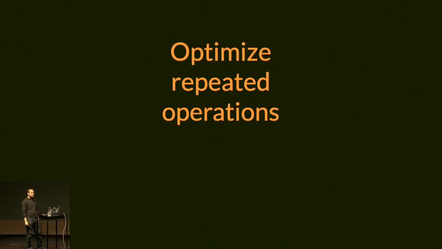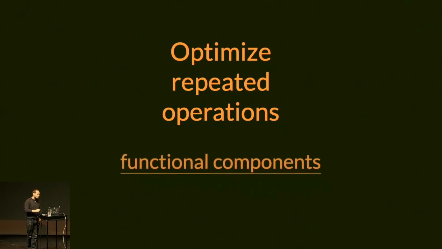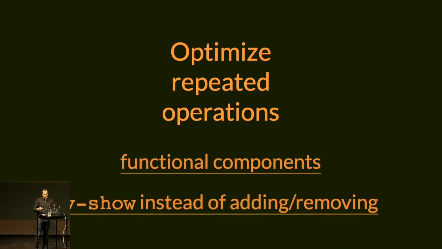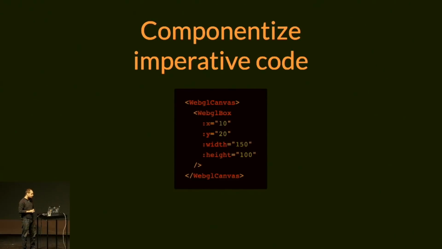I don't know. Also, like I said, optimize repeated operations. Use functional components when you need to render the same component many times. And use v-show instead of constantly adding and removing elements. And you can also componentize imperative code.